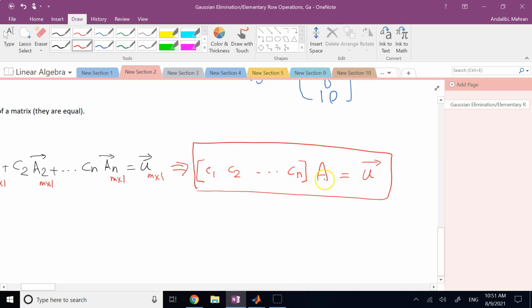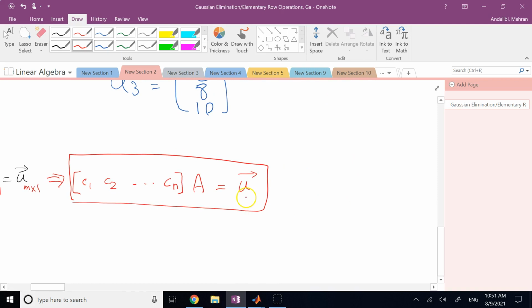Any vector U that is acquired by multiplying a bunch of coefficients C1 to Cn to the matrix A, that is what we call a vector in the range space of matrix A, correct? So clearly this guy here is an m by n, this is an m by 1. Now here you see it's not going to happen like this, because if you call this n by 1, this clearly is not going to be multipliable.